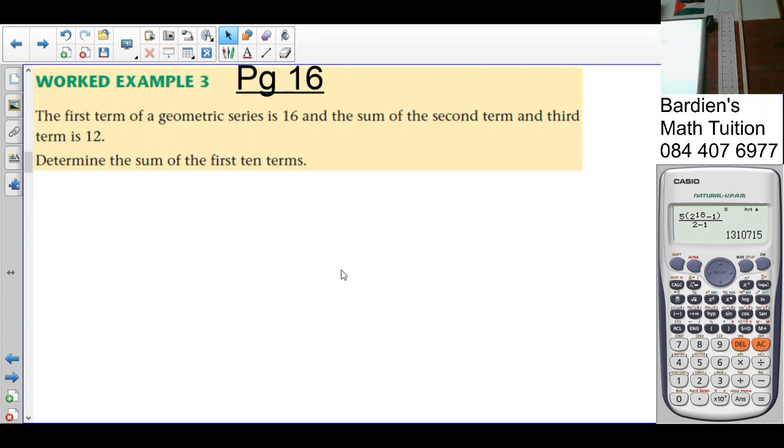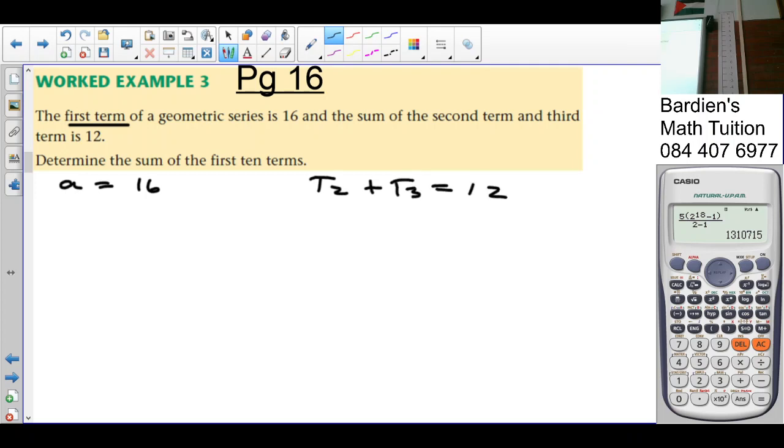So we start off by saying A is equal to 16. The sum of the second, so T2 plus T3, is going to be 12. So what would T2 be? Remember, Tn is equal to AR^(n-1). So this would be AR plus AR squared is equal to 12.